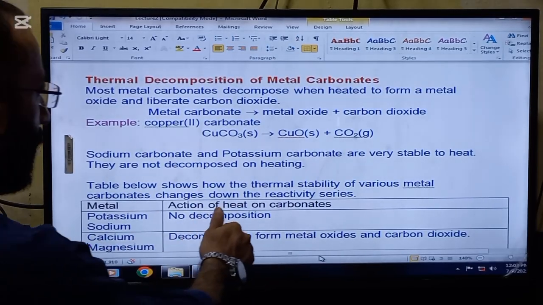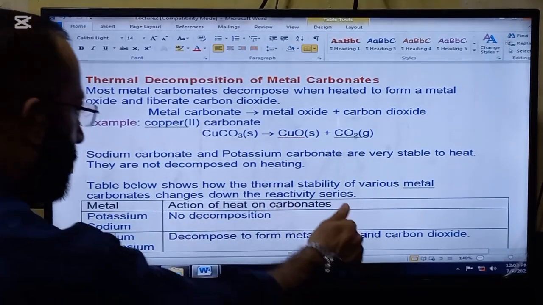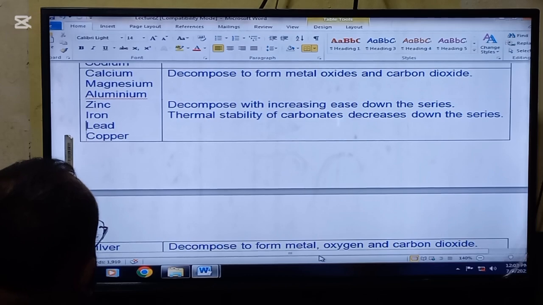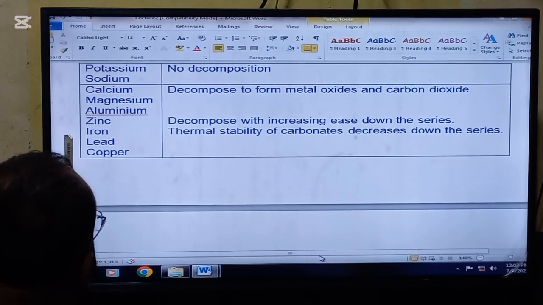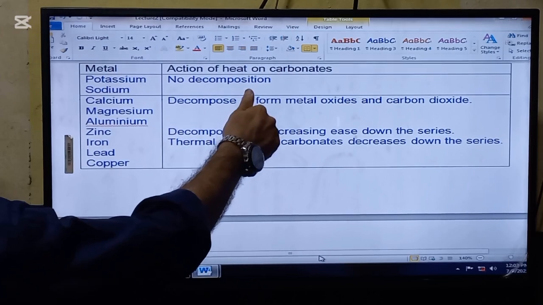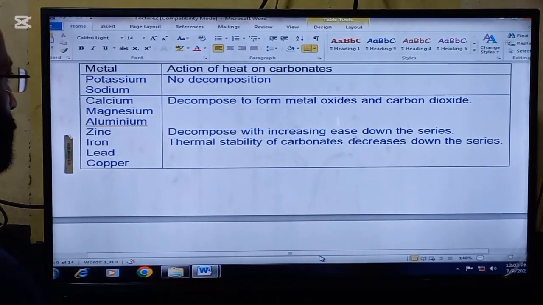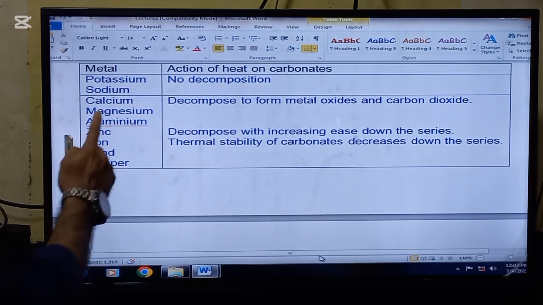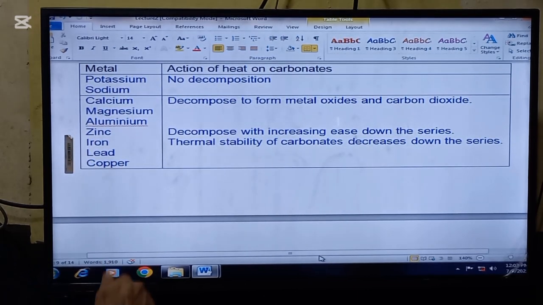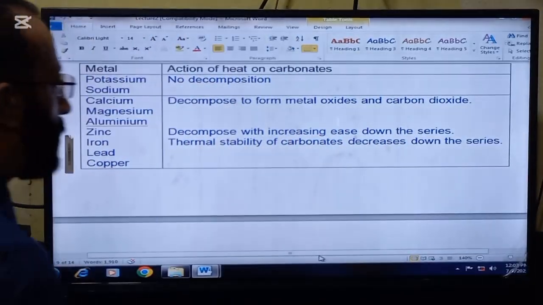The table below shows how the thermal stability of the various metal carbonates changes down the reactivity series. So, potassium and sodium: the action of heat on the carbonates, no decomposition. They are not decomposed because of the heat. Calcium, magnesium, aluminium, zinc, iron, lead, and copper decompose to form metal oxides and carbon dioxide.